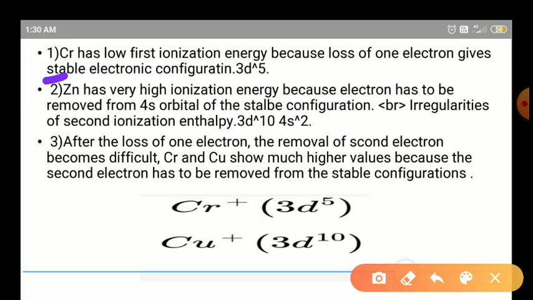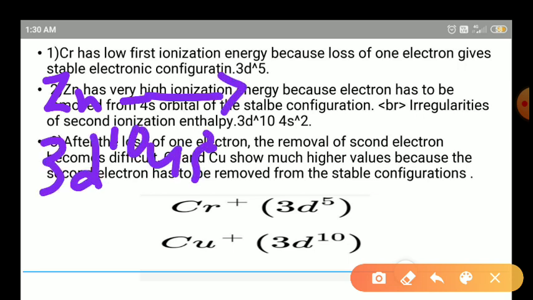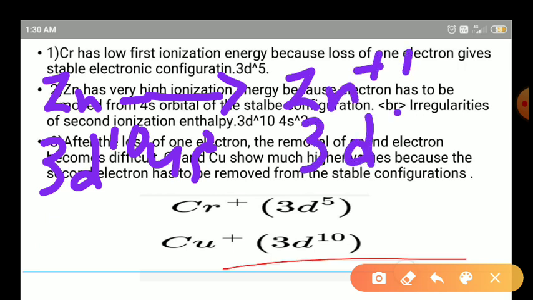But when zinc, 3d10 4s2, turns into Zn plus, that is 3d10 4s1, tell me, students, for zinc in the plus 1 oxidation state, does it require high ionization enthalpy or low ionization enthalpy?